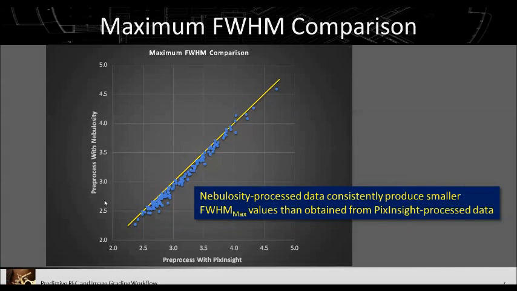Essentially, what this data is saying is that Nebulosity pre-processed data consistently produces smaller full width half maximum values than those obtained from PixInsight processed data. That's a little bit surprising. I don't have a good explanation for that. I just note it in this case.